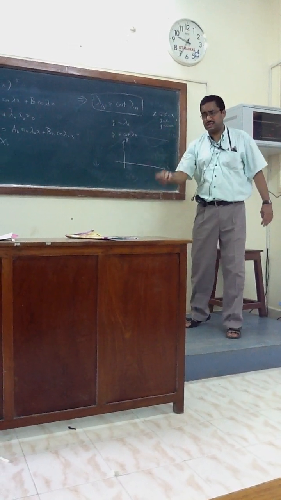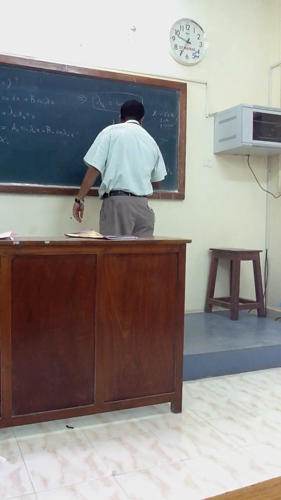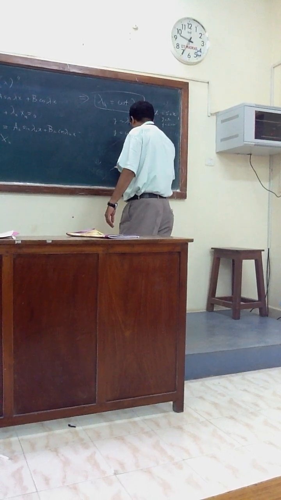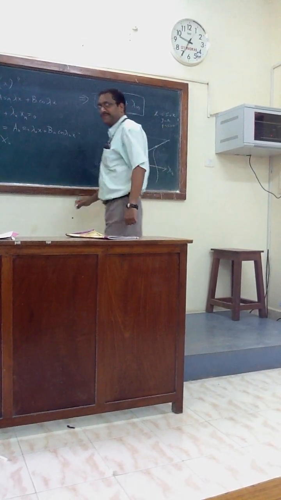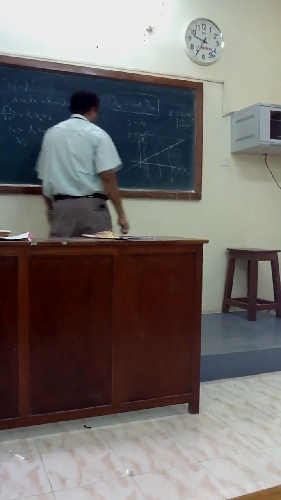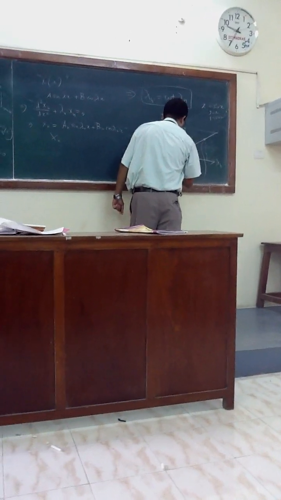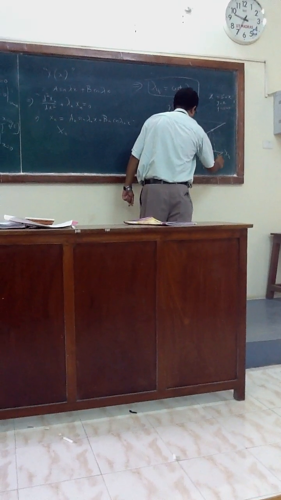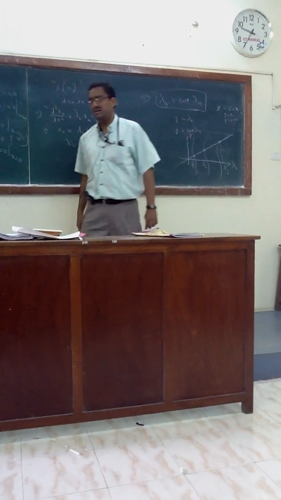It is like this. If you don't know, you can look it up. And this is the y equals x graph. So you can see these are the roots, and these are the eigenvalues: lambda 1, lambda 2, lambda 3 and so on.